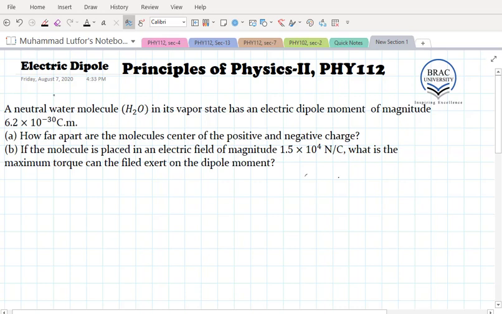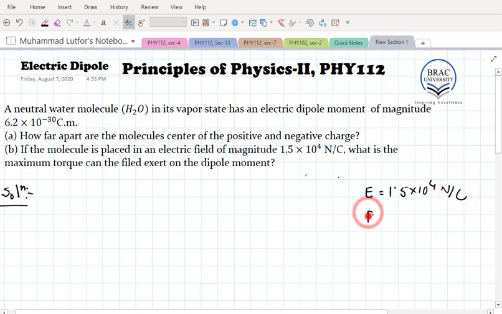Fine. For the first one, this is the case: it is given that the electric field is 1.5 × 10^4 Newton per coulomb.